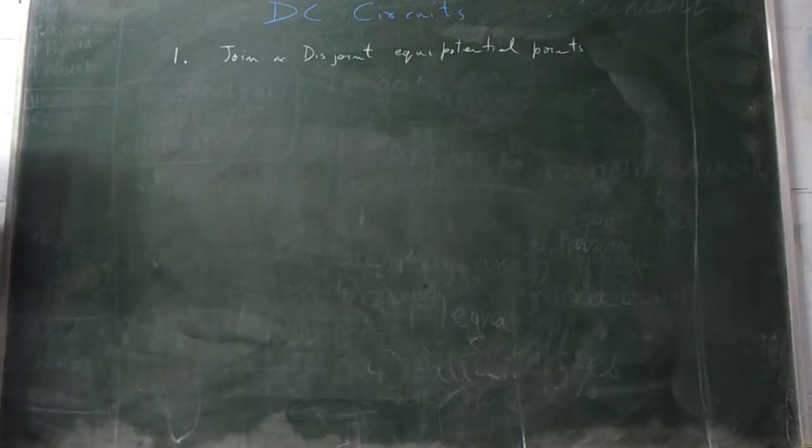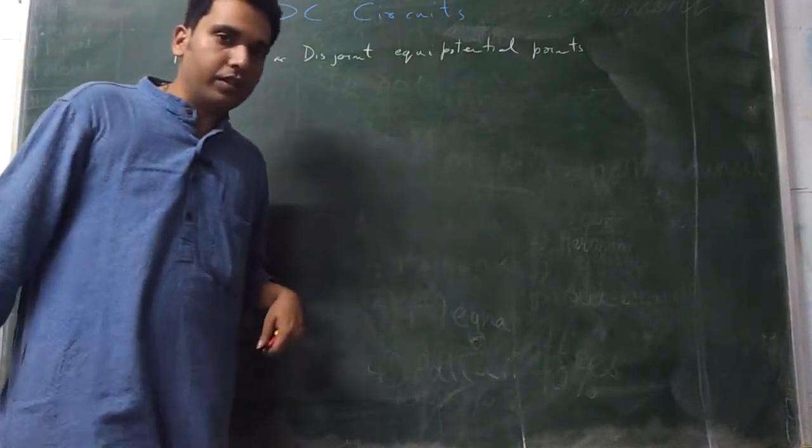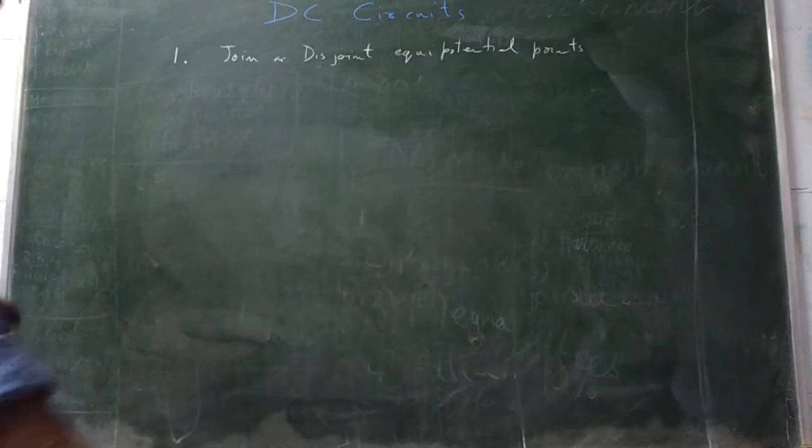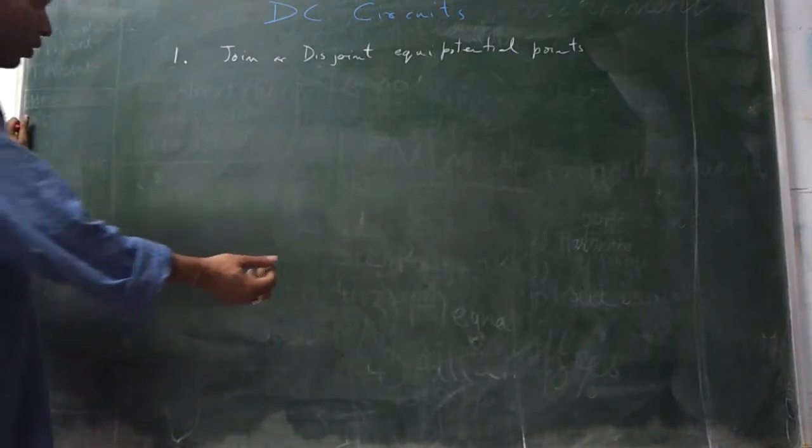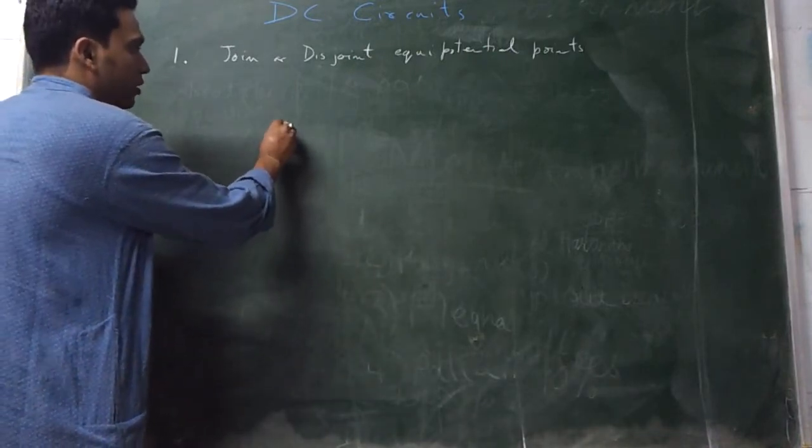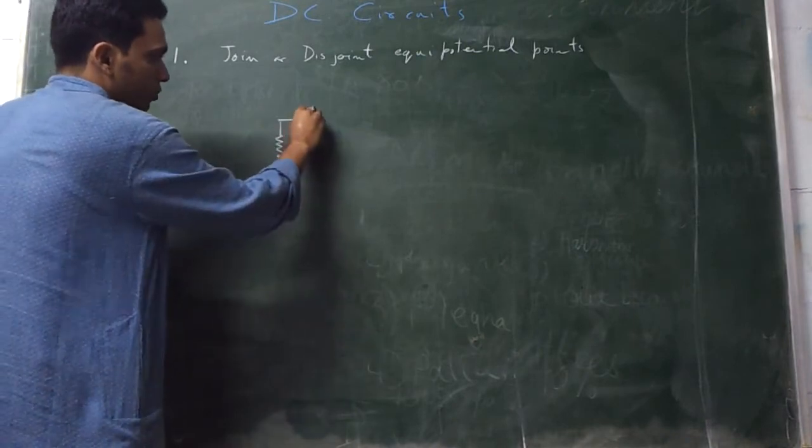Now, if joining makes the circuit look simpler, you can join them. If disjoining makes it look simpler, you can disjoin them. One of the common problems where you can use this would be like this.